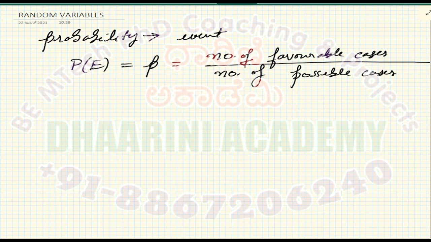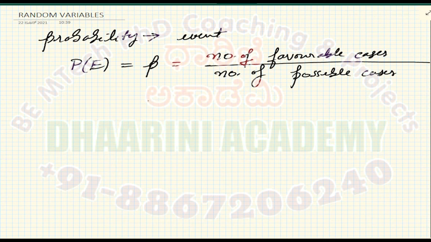For example, you are tossing a coin. Getting a head is an event. Its probability is given by favorable cases: only one head is possible out of two cases, so the denominator is 2, so 1 by 2. Very simple.